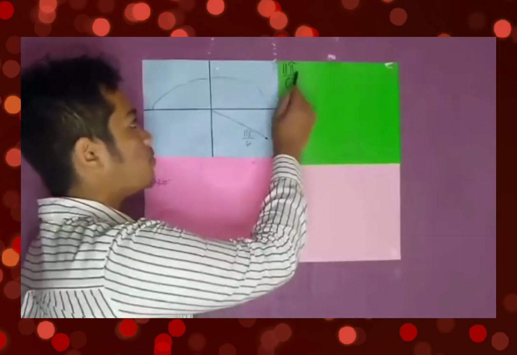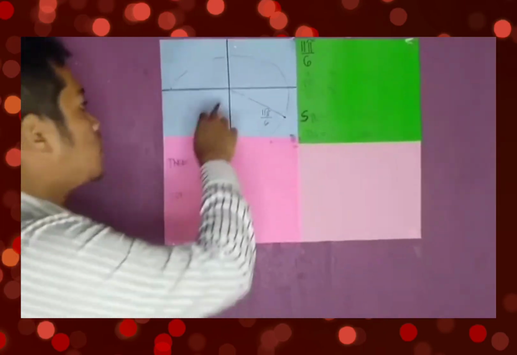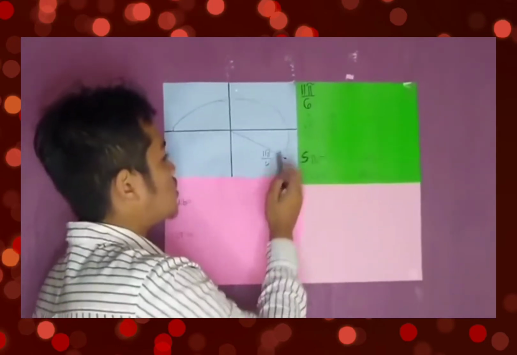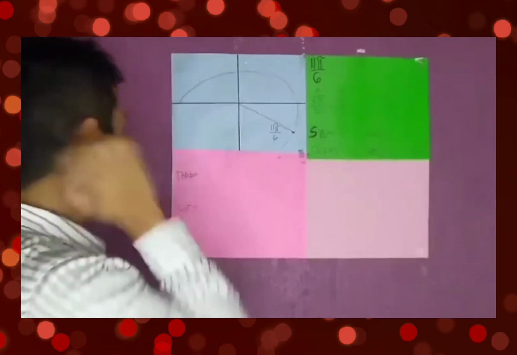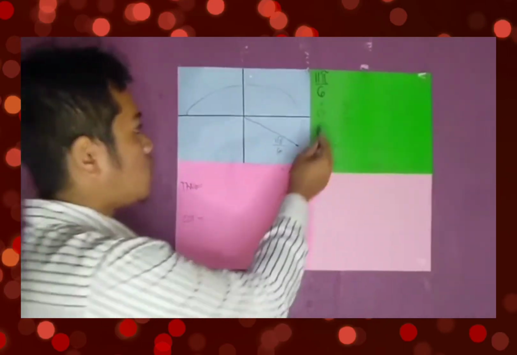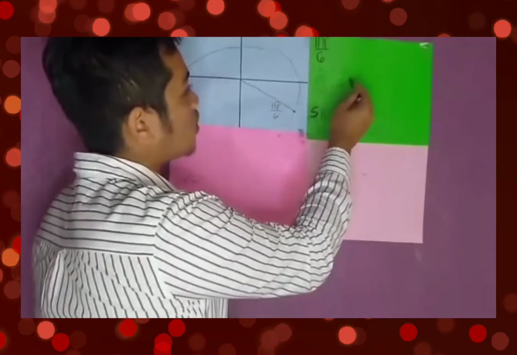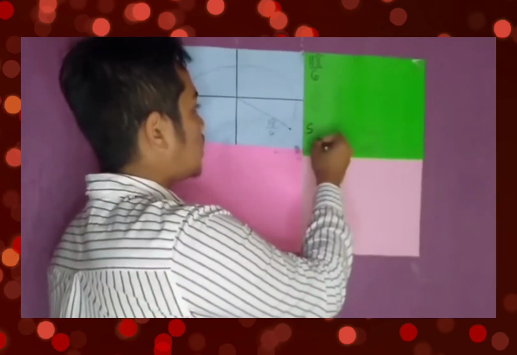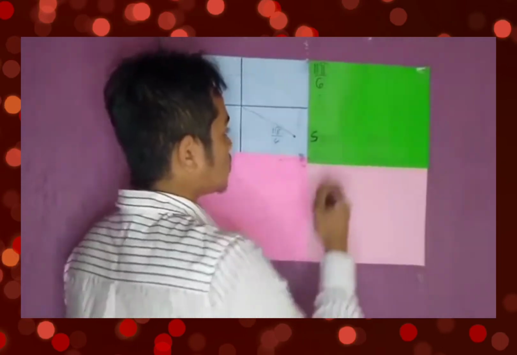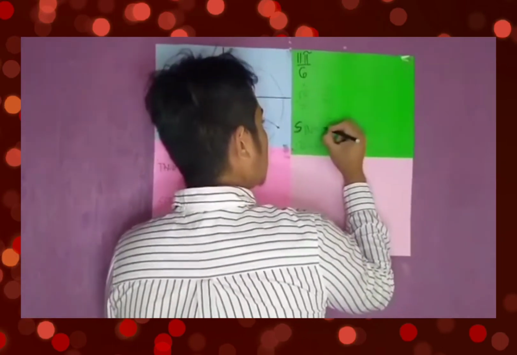Going to proceed to example number 2. Given 11 pi over 6. So in the unit circle, 11 pi over 6 belongs here, in quadrant 4. In here, the coordinate is equal to square root of 3 over 2 and negative 1 over 2. So the y is equal to the sine. So sine is equal to negative 1 over 2. Then the cosine is equal to square root of 3 over 2.